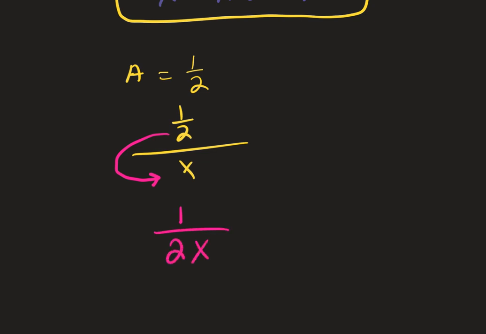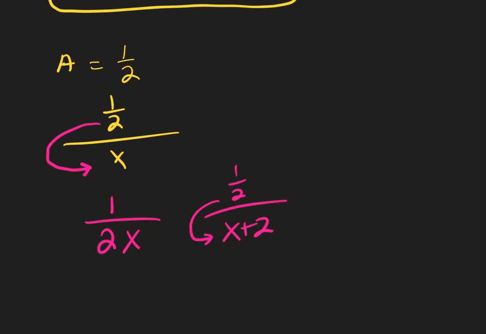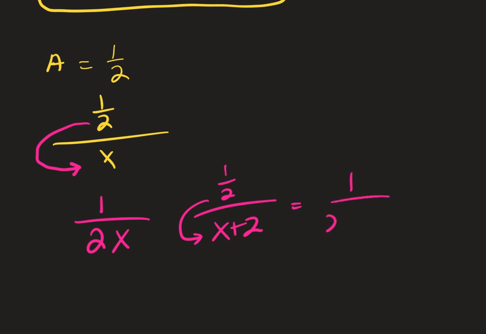If you have 1/2 in the numerator and it was x plus 2 in the bottom, this 2 comes out front, and this would be 1 over 2 times x plus 2. And you can leave it just like that. You don't need to distribute it. But you cannot leave the fraction within the fraction. Questions so far? Okay.